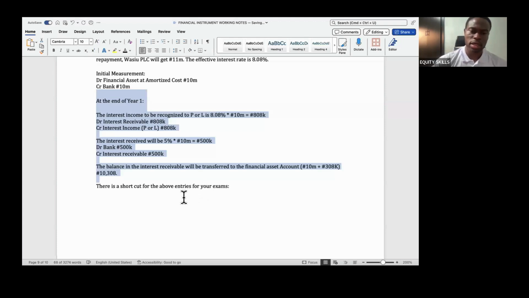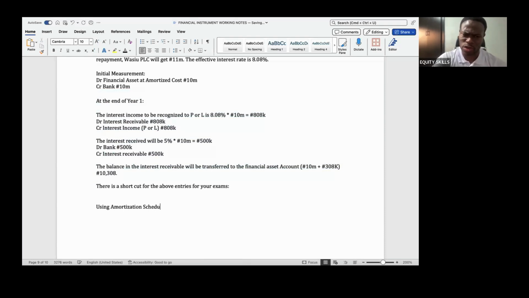So we usually use an amortization schedule for this. Of course, we'll solve past questions to attend to all of this. So we can use an amortization schedule, which takes away all these debits and credits and the fears.